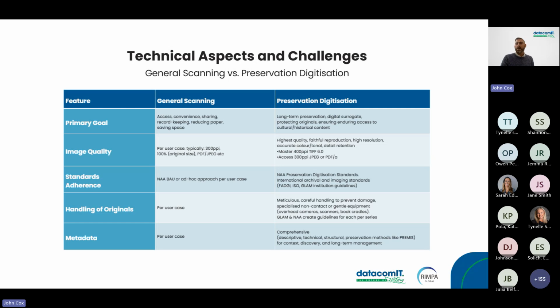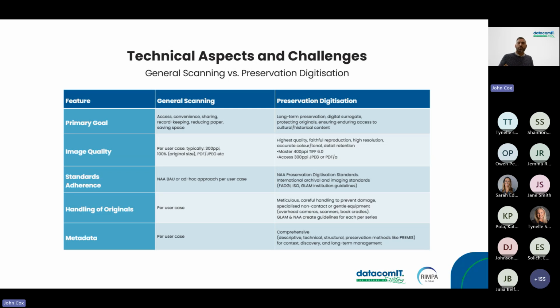It's per use case, and as I mentioned with preservation scanning, those handling guidelines are a lot more meticulous and are all designed to prevent damage to the original document, and it speaks about making sure that you're not changing the intrinsic value of that source material.